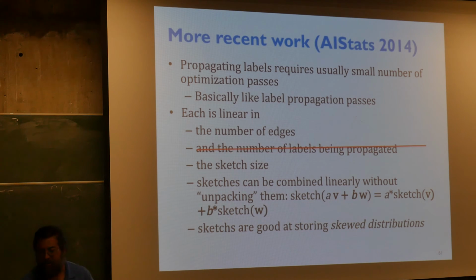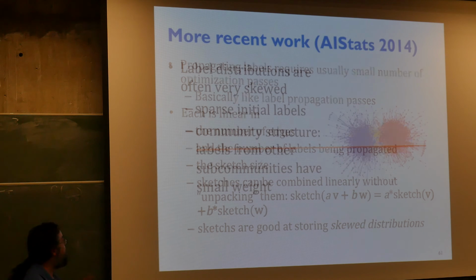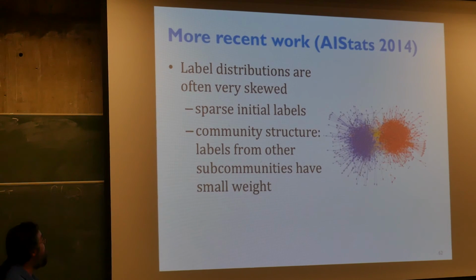The other reason this works is that sketches are really good at storing skewed distributions. If only a few elements in the sparse vector contribute to its mass, then the sketch should be able to store them compactly. And this is often the case.